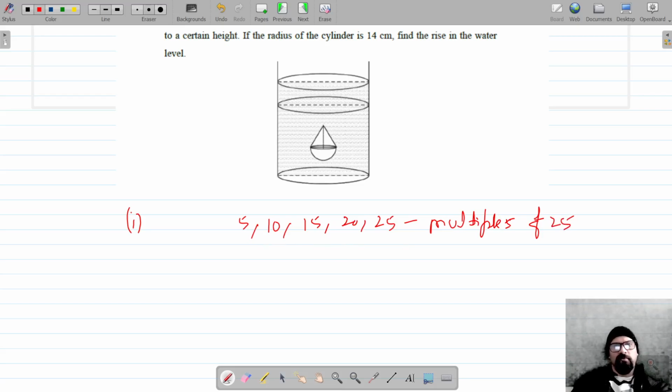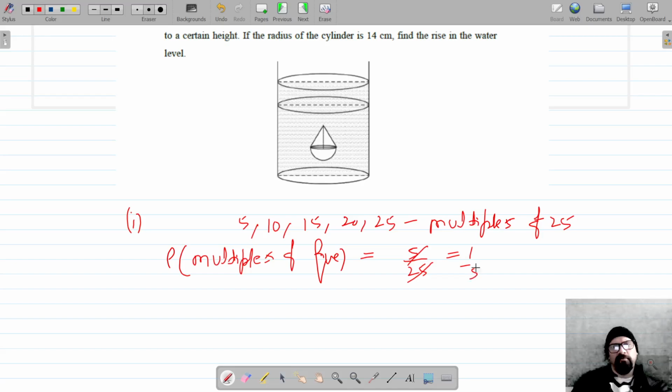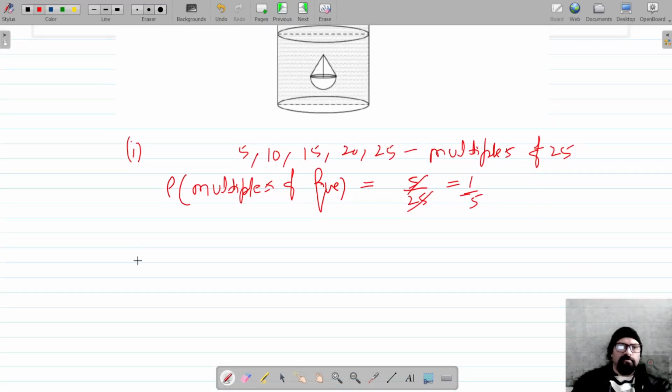So the probability of a multiple of 5 will be the number of multiples of 5 divided by the total cards. The multiples of 5 are 5 and the total cards are 25, so this is equal to 1 by 5. Okay, now moving on to the second part.